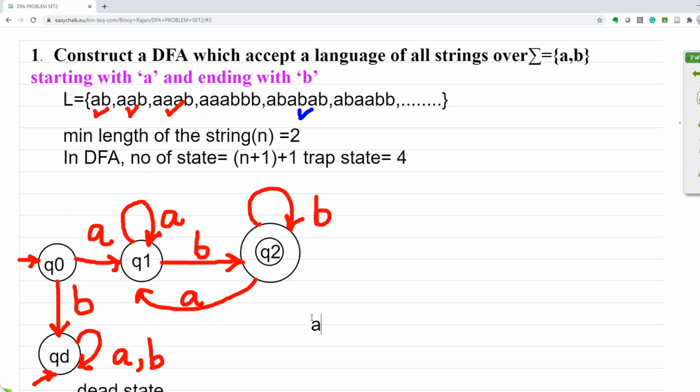A, B, A, A, B, A, B. Okay, A, B, A, B, A, B. So let's see.